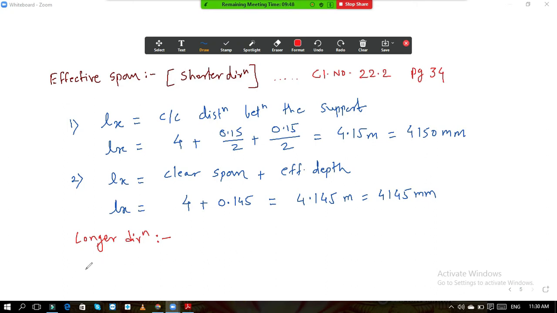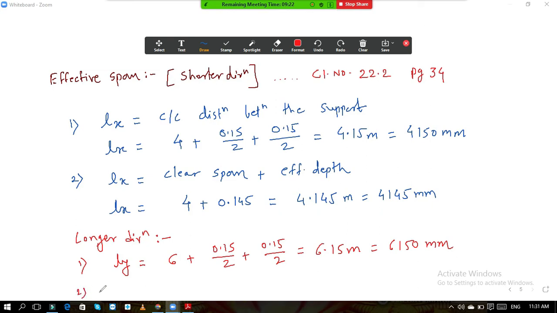So now for longer direction, let the notation be Ly. Again it is the same, center to center distance between the supports. So longer span is 6 meter plus 0.15 by 2 plus 0.15 by 2, which works out to be 6.15 meter, which is 6150 mm.